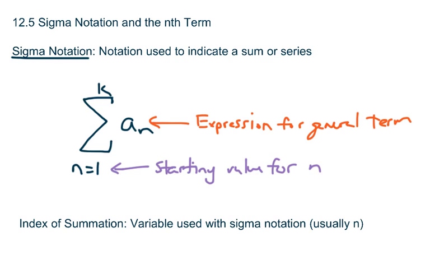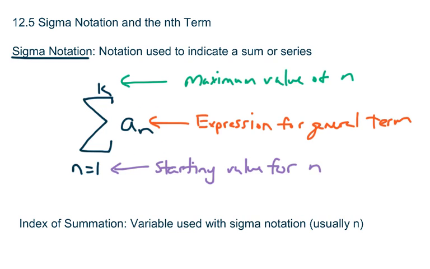Then up top, the k value, this is the maximum value of n. So this could be 6, it could be 10, it could be infinity. If it's a specific number like n equals 1 to 6, we're looking for the sum of the first 6 terms, the first, second, third, fourth, fifth, and sixth terms of our general series.